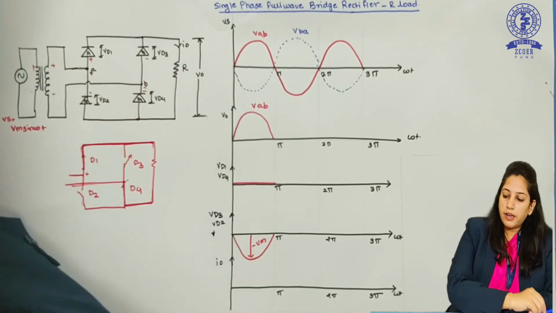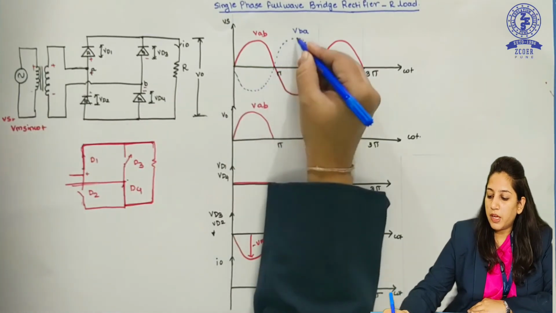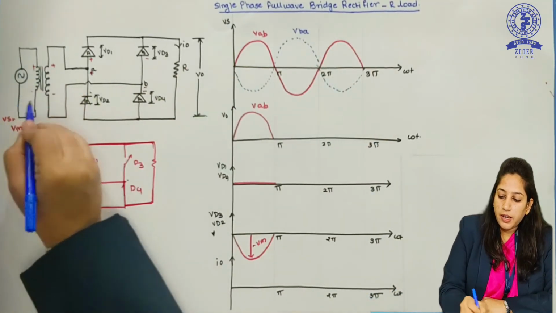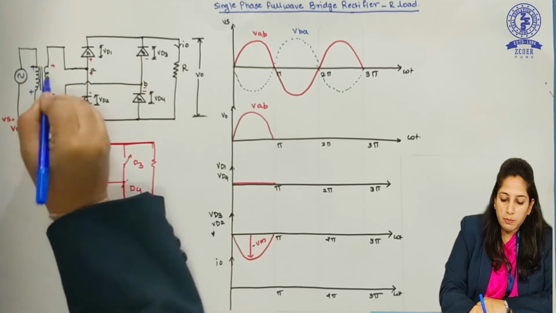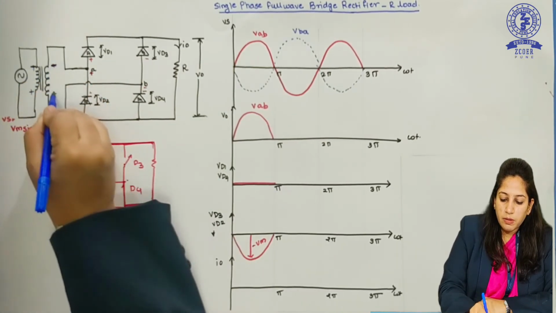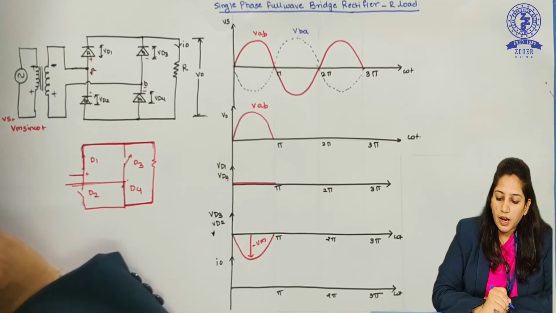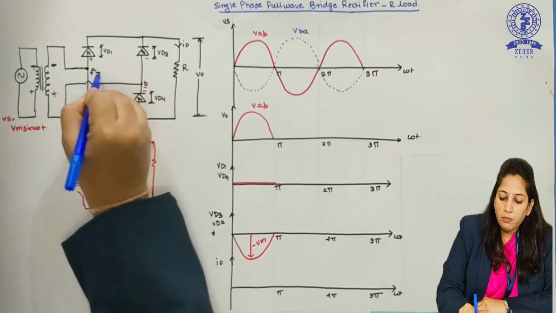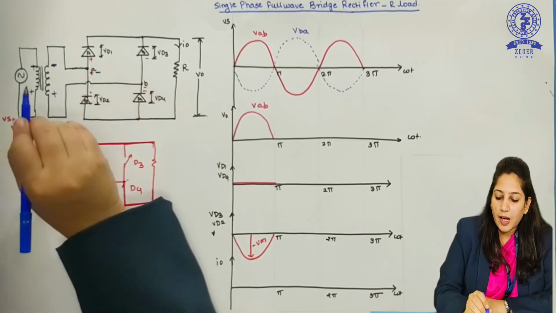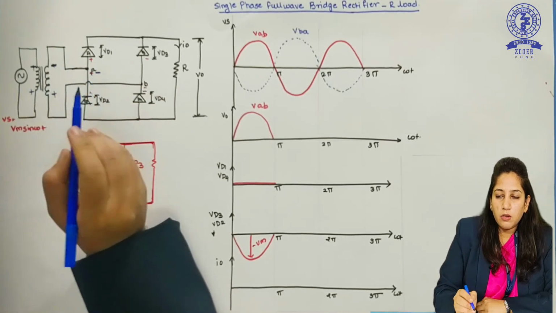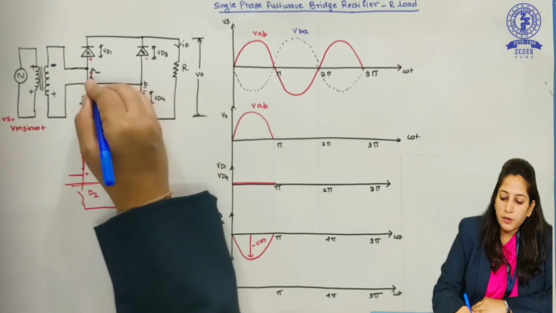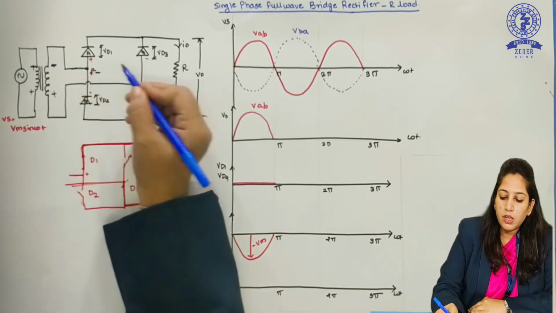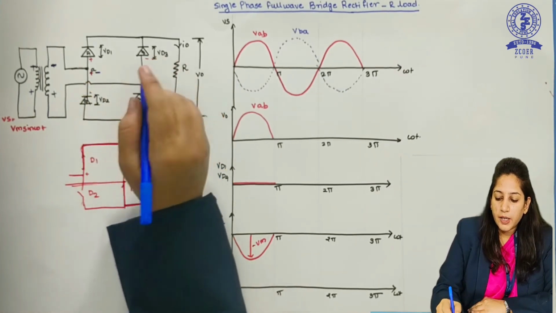Now for the negative half cycle, this will become minus, this will become plus, this will become minus, this will become plus. At that time my A will now become minus. For the second half cycle I am drawing in blue color, so don't get confused between these two. The blue color will indicate the negative half cycle.